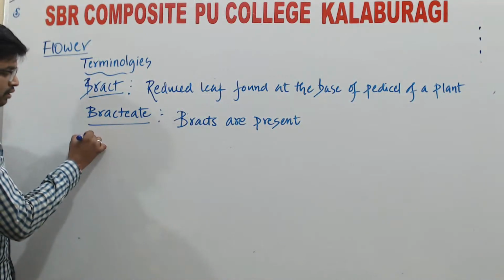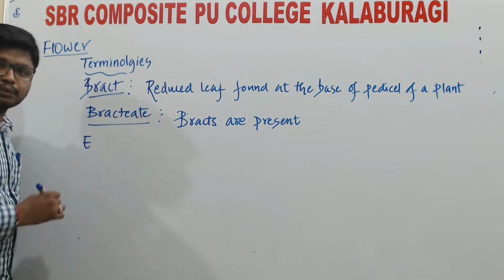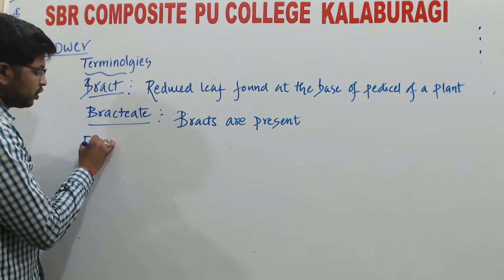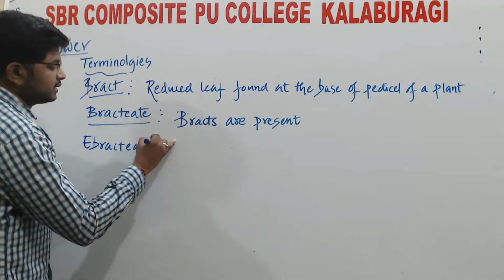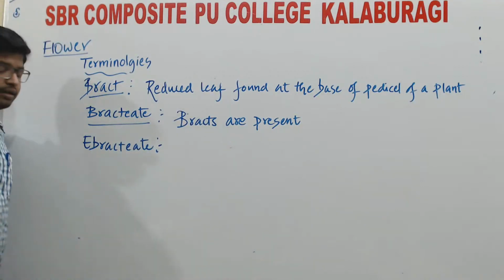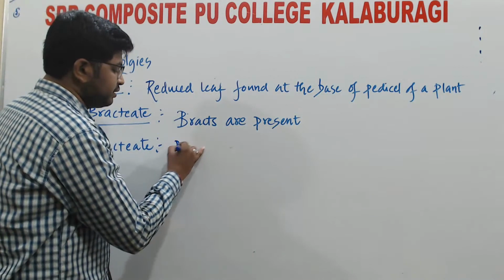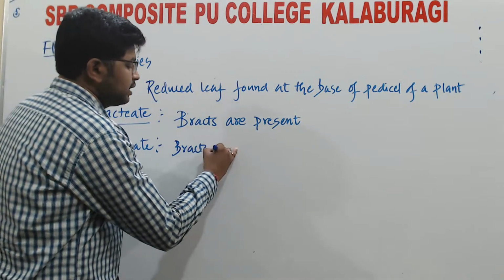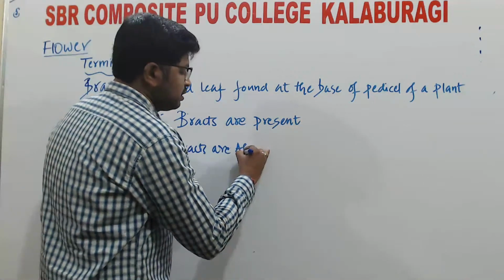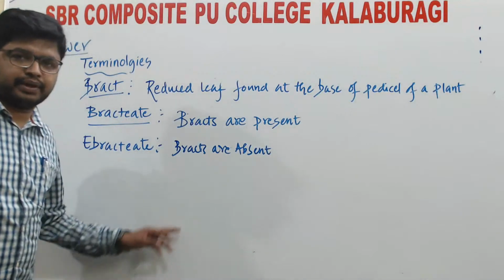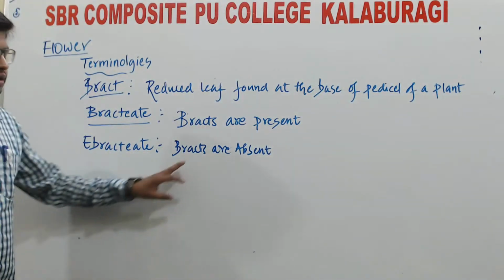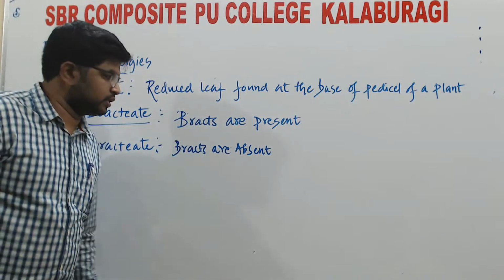Now, when the bracts are absent, such flowers we call ebracteate, meaning the bracts are absent. Example, you can take the Brassicaceae family. Now, these are the few terminologies.